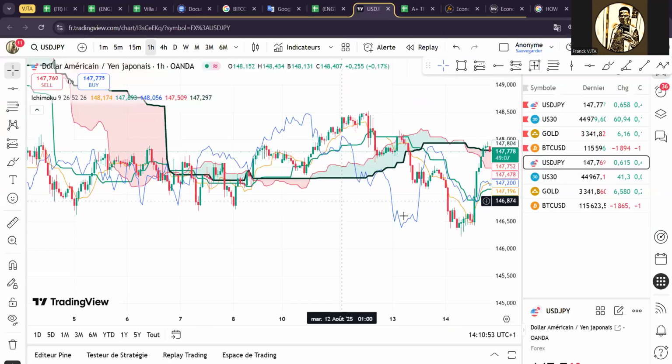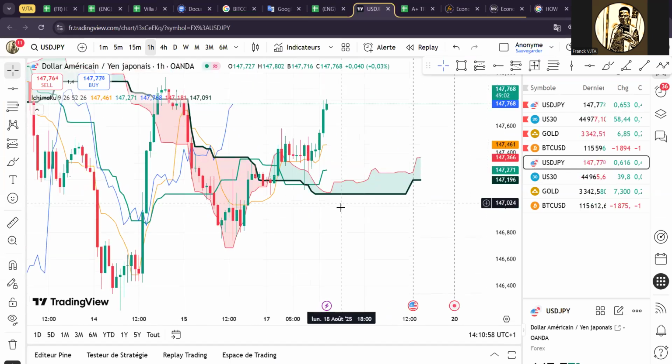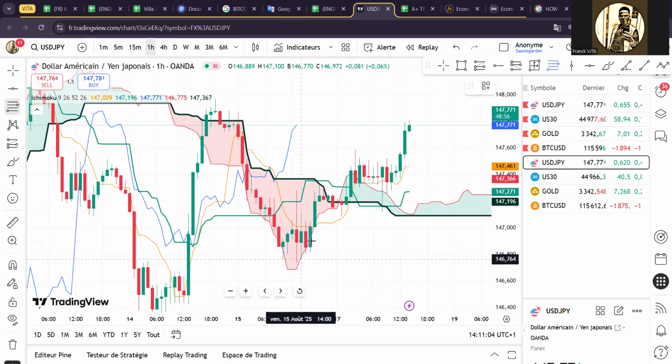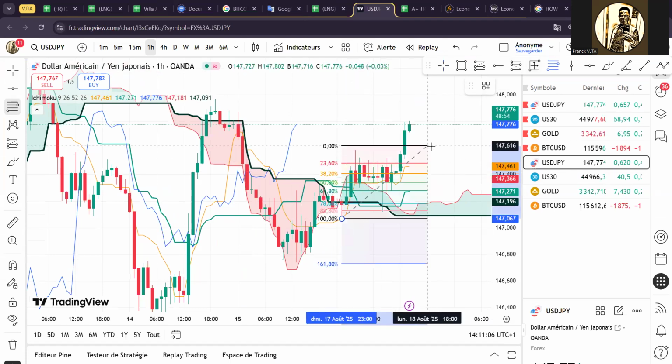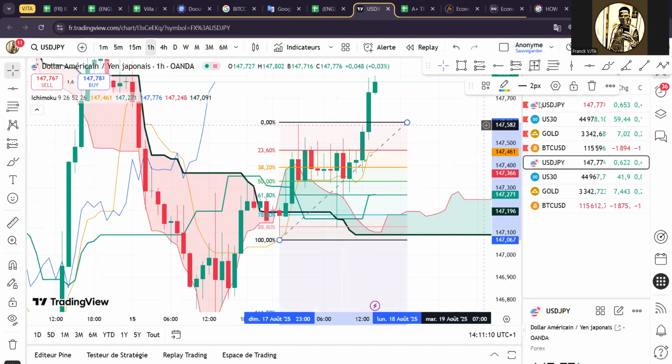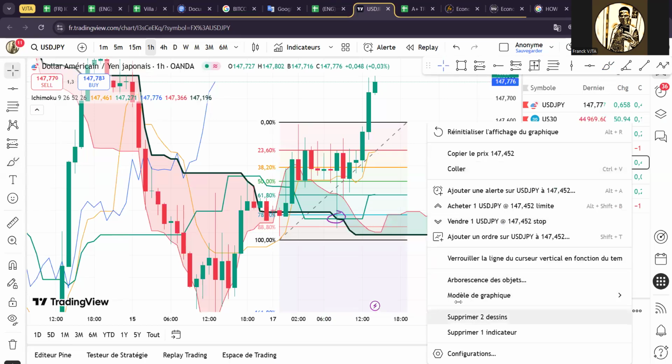For example, let me show you another thing. You had here a retracement to Tenkan, but Kijun here was even 78% for this live analysis.